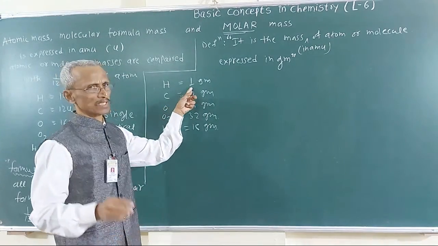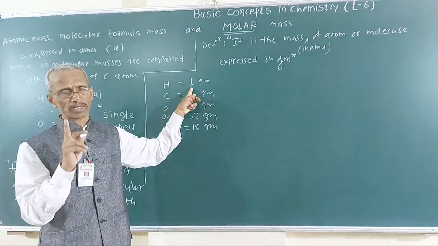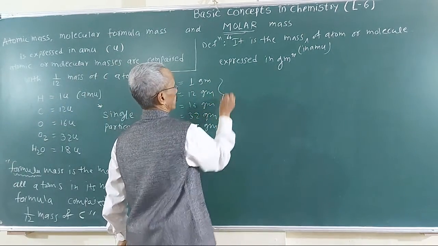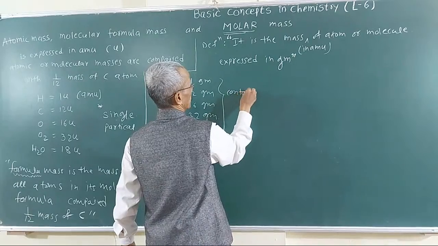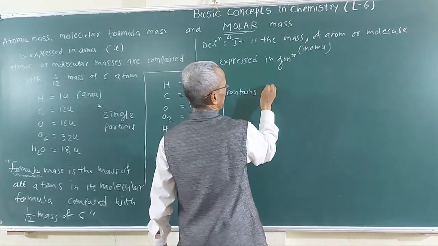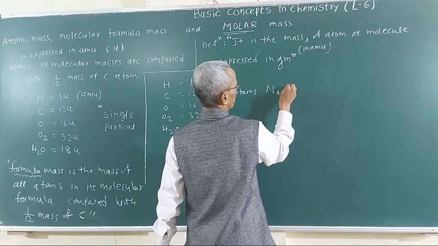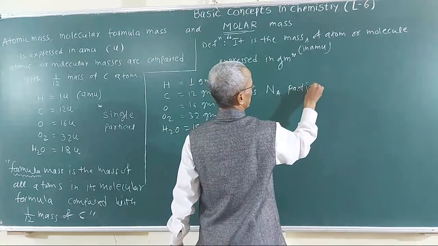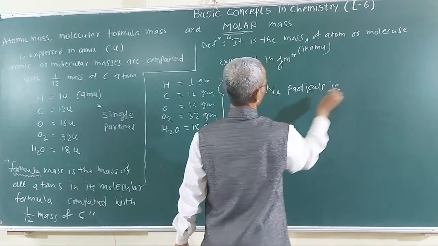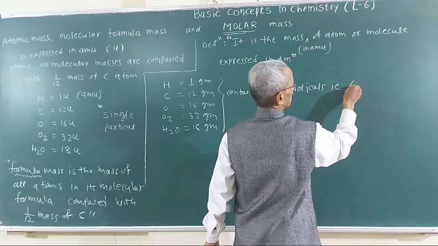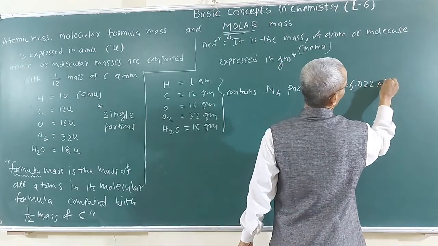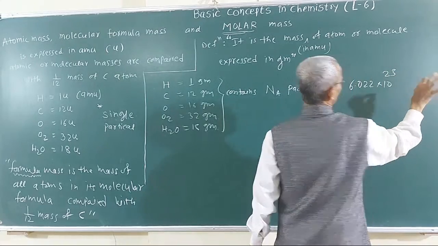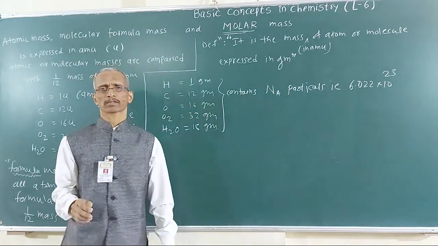So 1 gram is now not the mass of a single entity. It contains the same number, Avogadro's number, of particles, that is 6.022 x 10^23 particles. It may be atoms, ions or molecules.